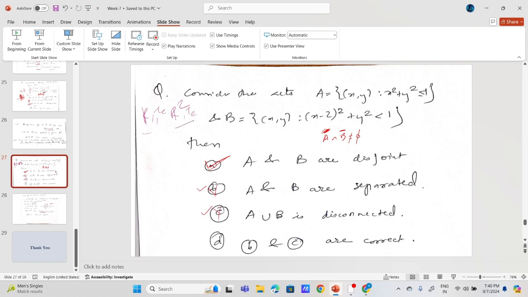You can directly see from there: if it is satisfied for this then it will satisfy for all, and if it is dissatisfied for this then in general it will also be dissatisfied, right?